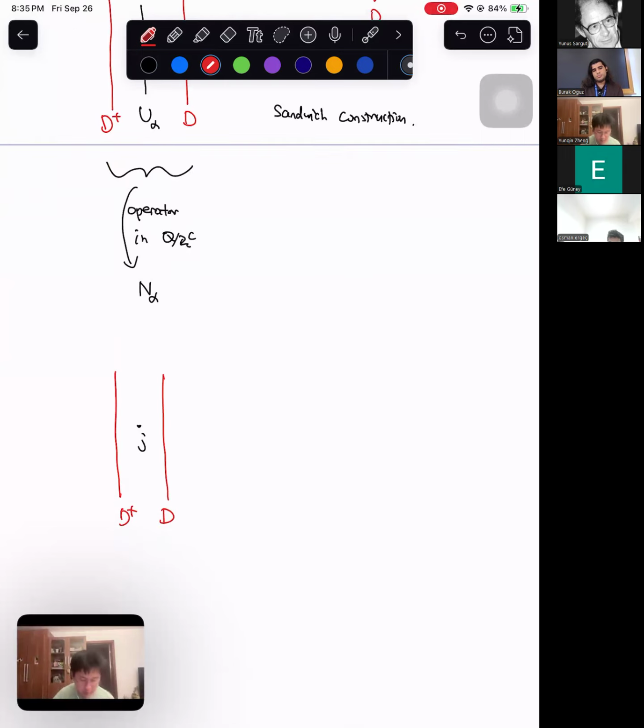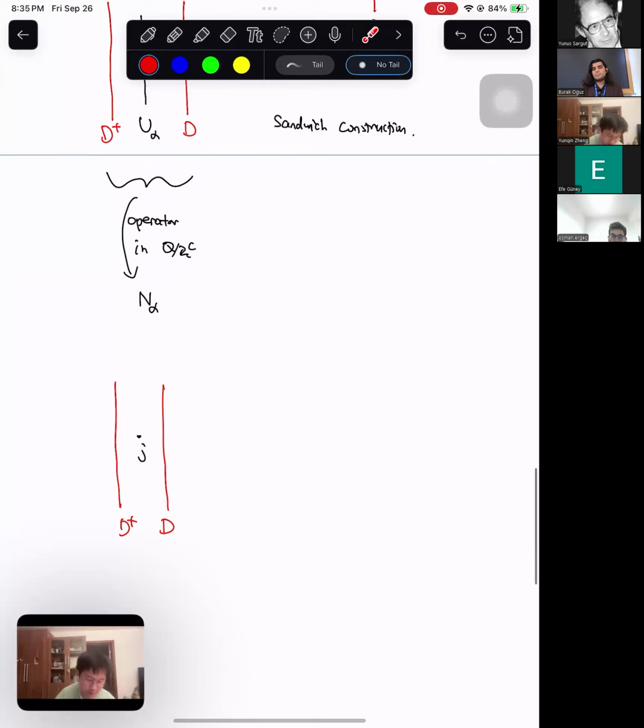And then because this D is topological, you can gradually move this D toward the left and try to collapse it with the D dagger. However, you have to pass through this J. So what happens when D passes through J?